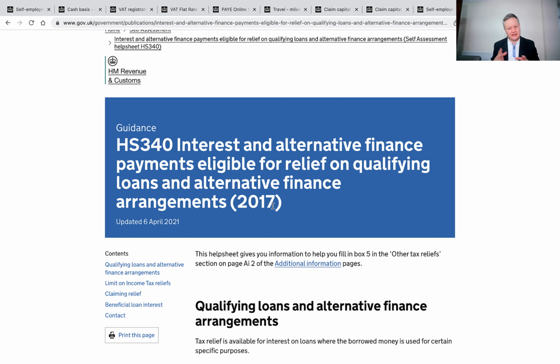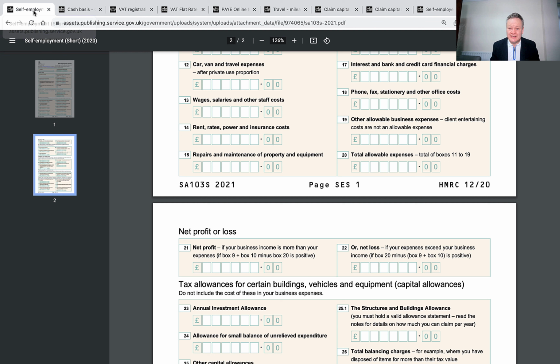But actually, that is a business expense, and therefore you should be allowed to attribute that to your business. So mistake number 14 is just not accounting for the interest that you've incurred in your business, and therefore paying too much tax.